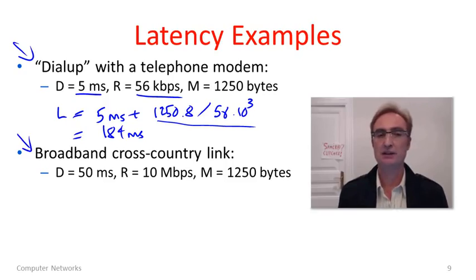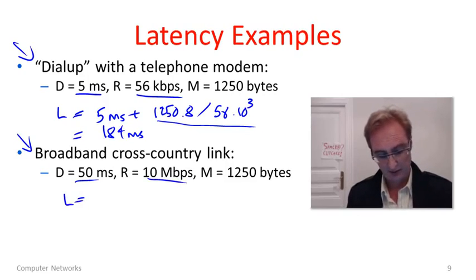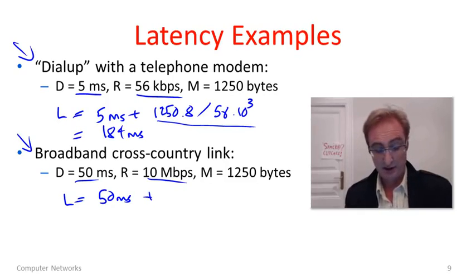Now I'm talking about sending information across the country, and you've got broadband access via cable or DSL at home. So let's say across country, we'll call that 50 milliseconds. And the rate, you've got 10 megabits per second from your provider. So let's compute our latency again. I've got 50 milliseconds plus m divided by r.